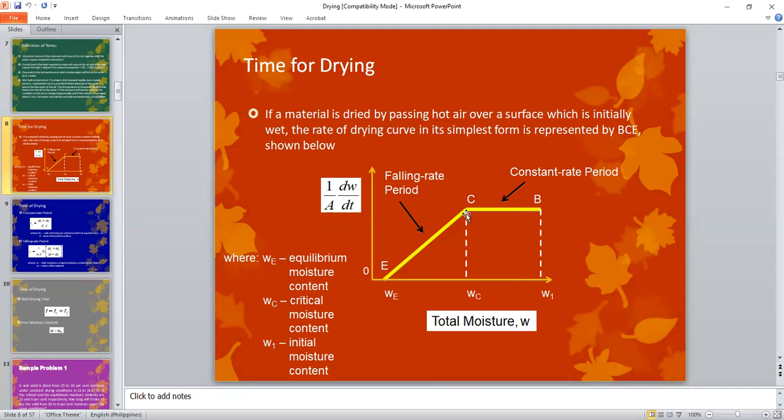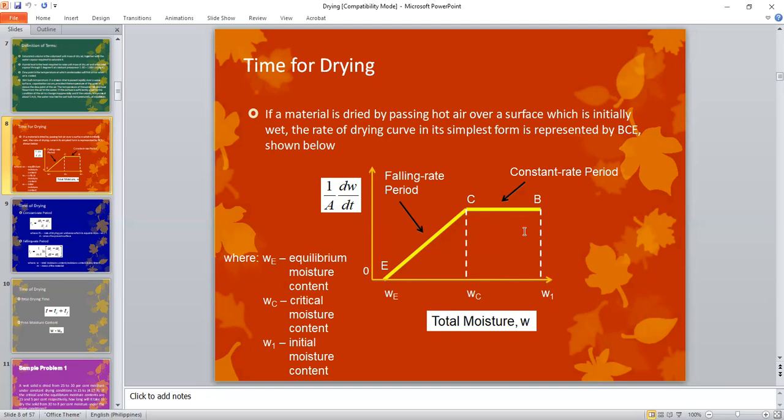After the critical moisture content is reached, that's when the falling rate period occurs, when the moisture content of the material starts to decrease. Now, I stand corrected, I'm not saying that there's no decrease in the moisture content, because from this part to this part, there's already a decrease in the moisture content.